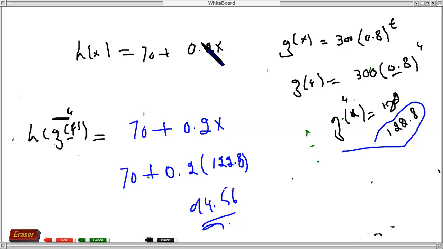Next question. Yes, yes, of course. This is a composition function. Composition example.